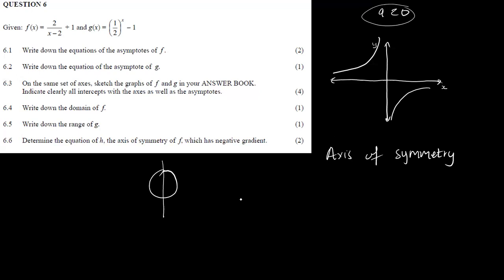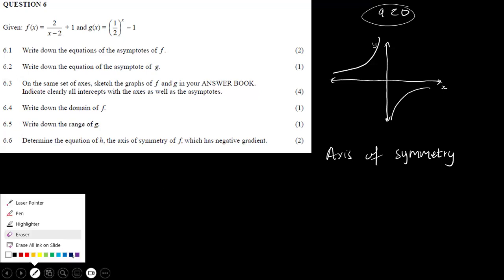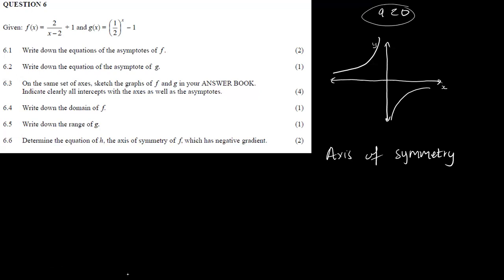Do you understand? So now, having a look at this hyperbolic function, we say it is symmetrical about the origin, okay?